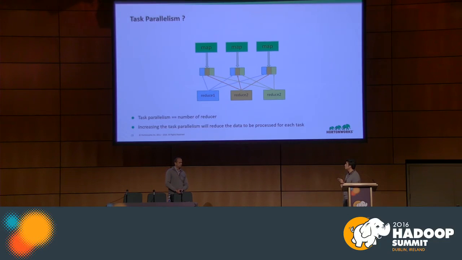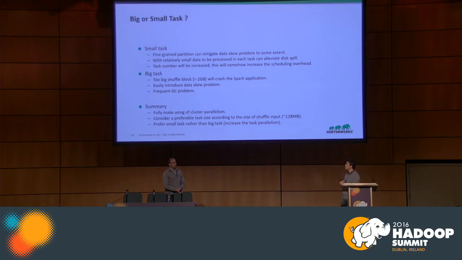But what is changed is that now each reducer only processes 1/3 of the total data. So we can now know that with the increase of the task parallelism, the amount of data to be processed for each task will decrease. Now we call tasks that process a small amount of data small tasks, and tasks which process a large amount of data big tasks.